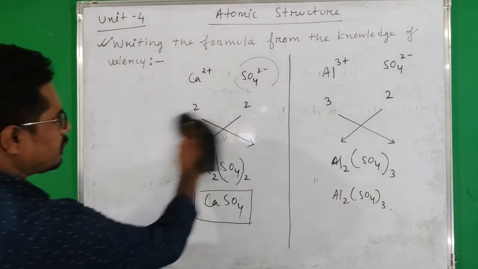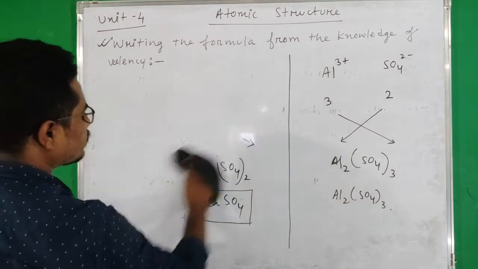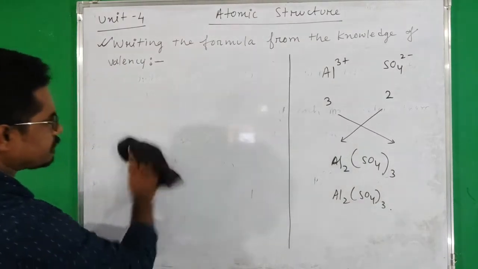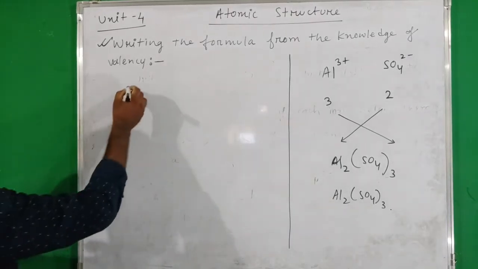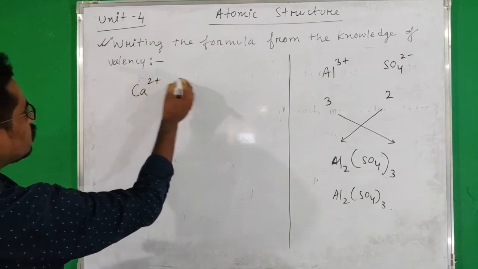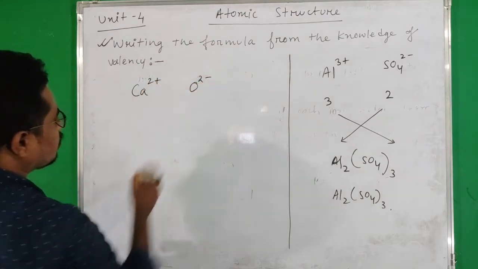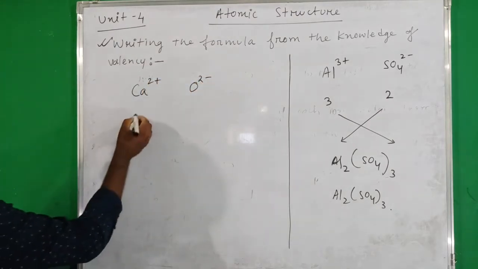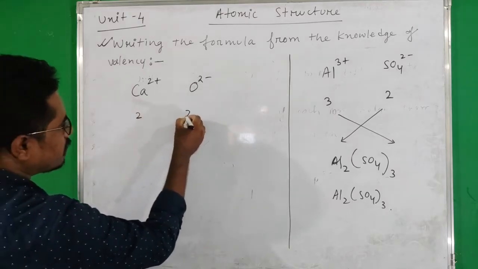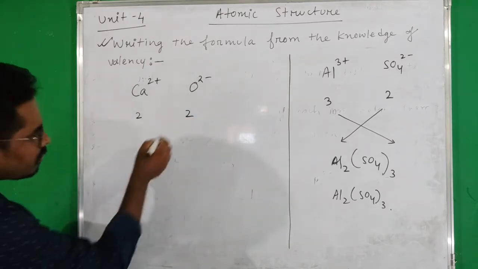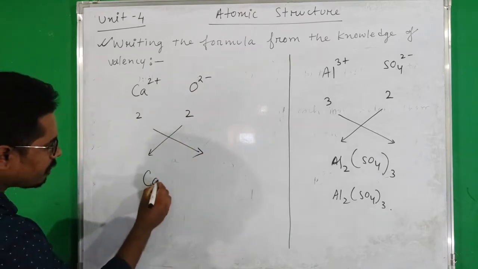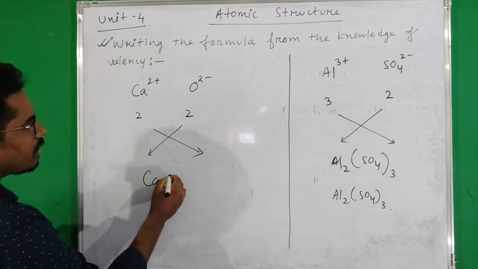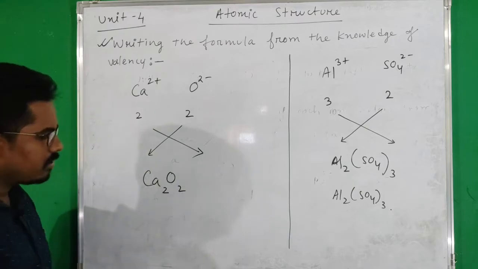We'll take another example. Suppose the compound formed by Ca2+ and O2-. Valency number is here 2, here the valency number is 2. They will exchange. You have to write Ca2O2.